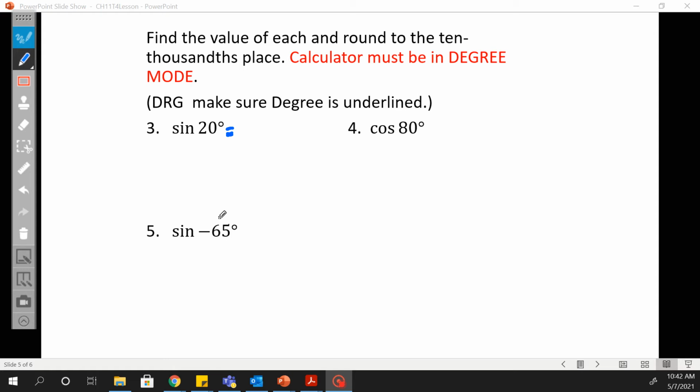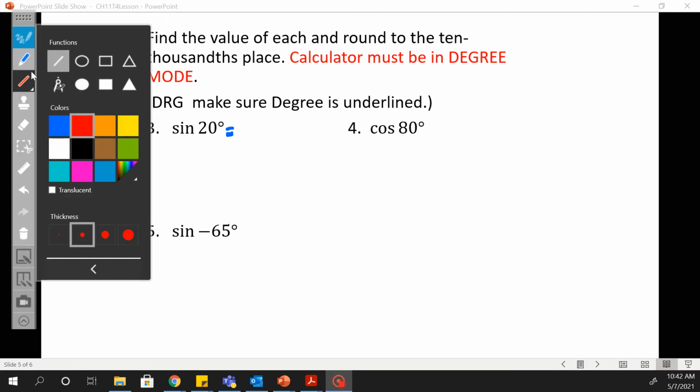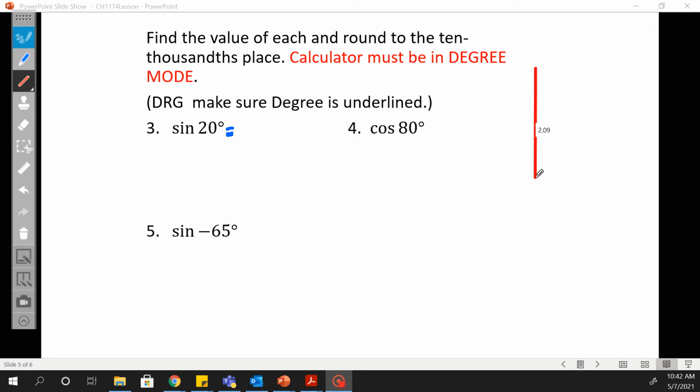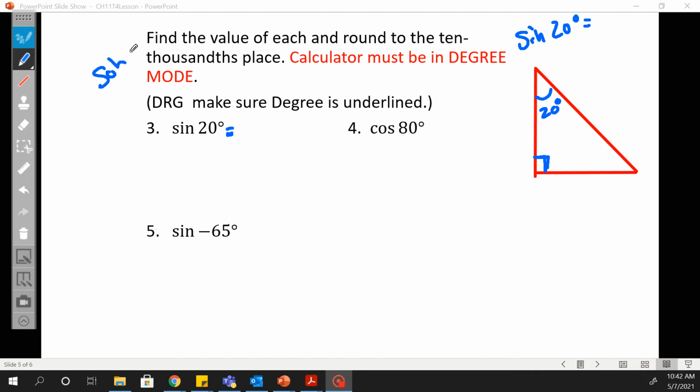If we're talking about a 20-degree angle in a right triangle, then we can calculate the sine of that 20-degree angle, and it will give me the ratio of the opposite side over the hypotenuse.